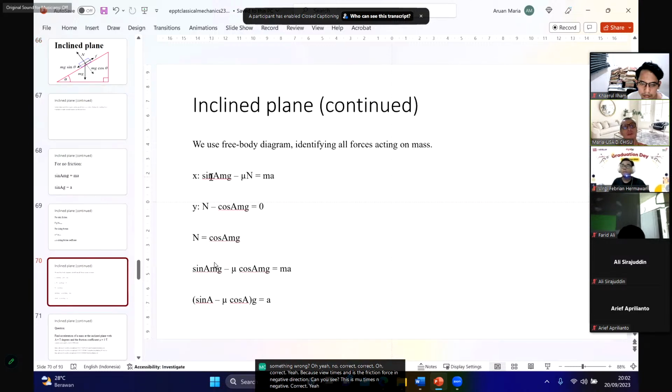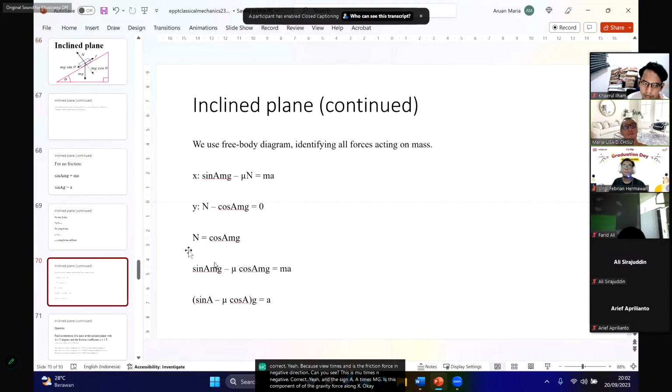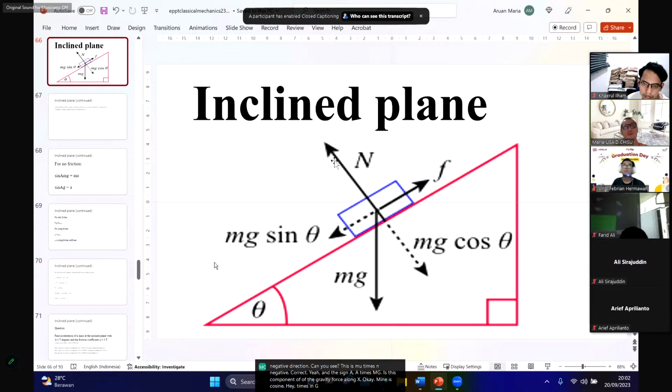Yeah, and sine a times mg is the component of the gravity force along x, okay? Along y is n minus cosine a times mg, and because there is no motion in this direction, n is equal to mg cosine theta, in my case cosine a.